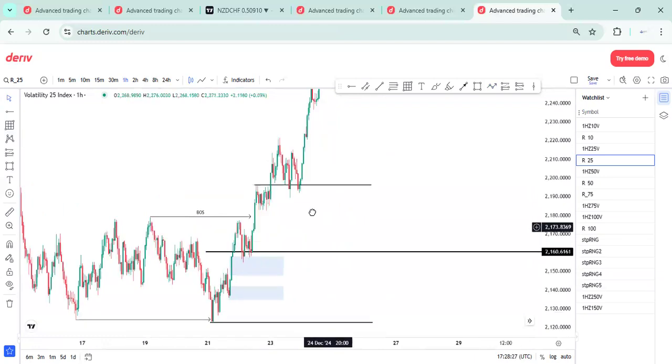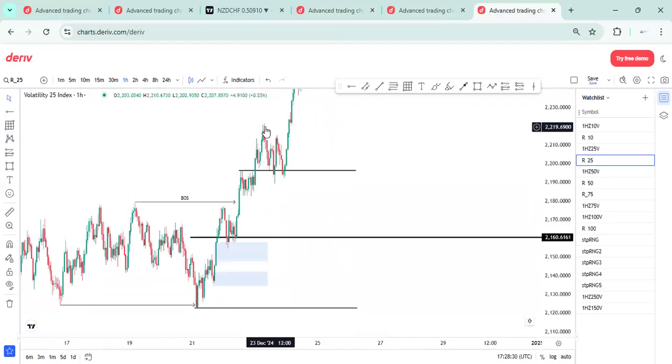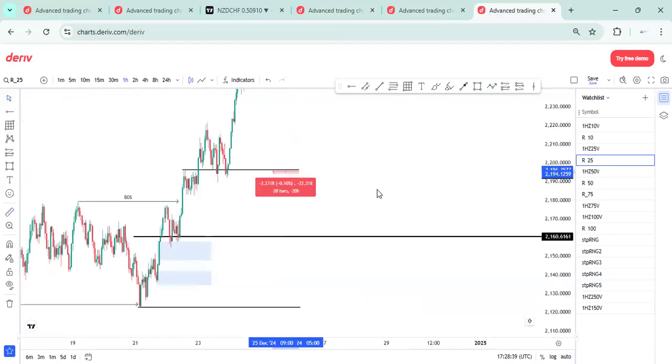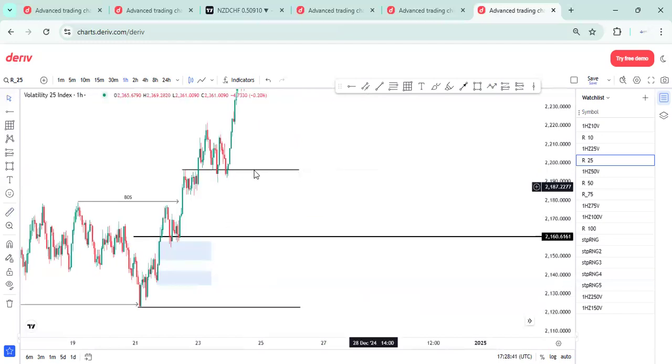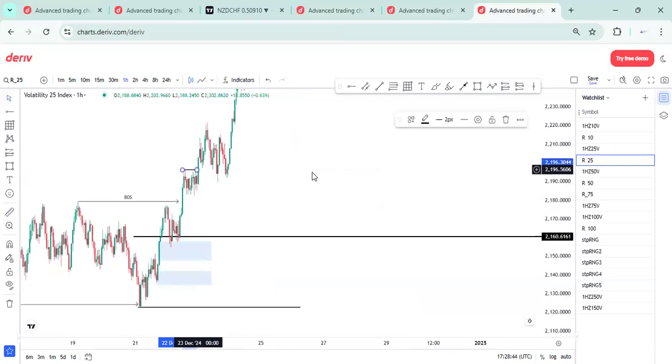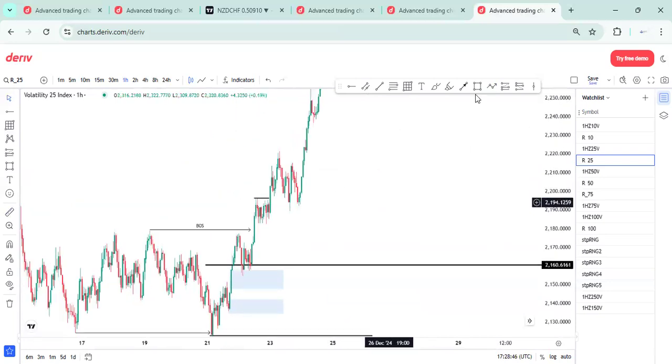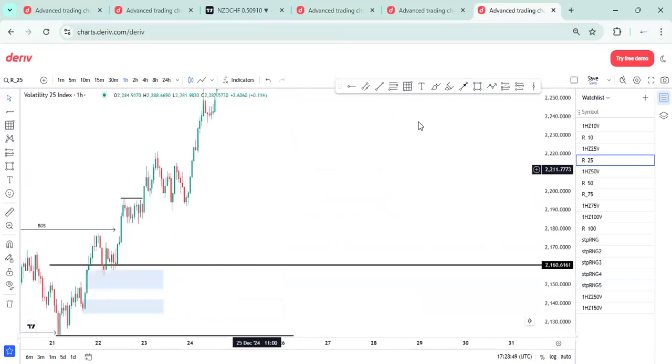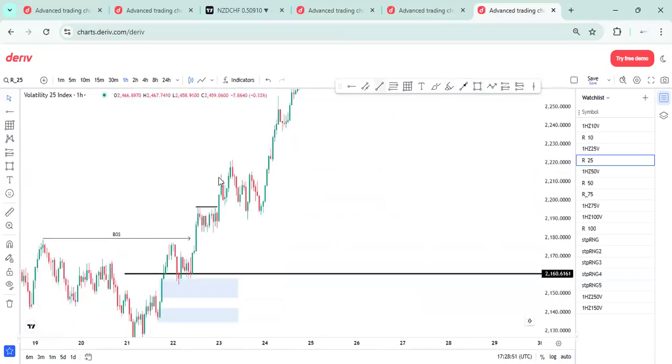Let's move forward. Now, we have this low, this high, this low, and a higher high. So there was a break of structure here. And the market gave us this high, and this is our range low.